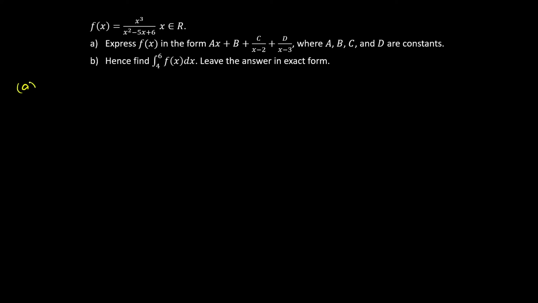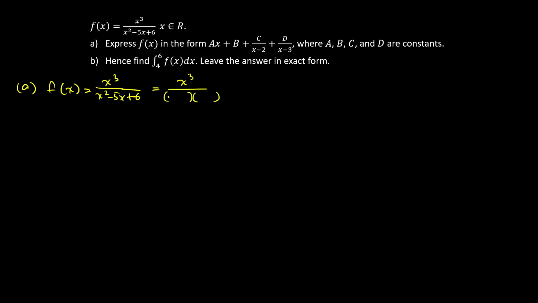So let's solve for A first. This is what we have: f(x) equal to x cubed over x squared minus 5x plus 6. I want to fully factorize the denominator here, and I'm guessing that it should equal x minus 2 and x minus 3, but let's do that.